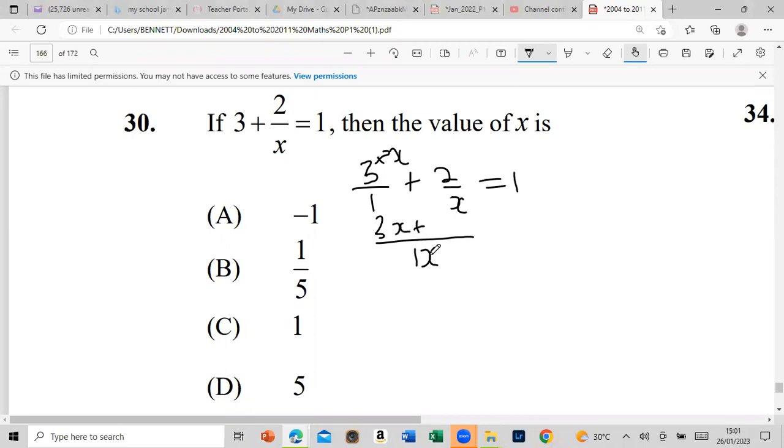And x into 1x leaves 1, so we have 2, and we have 1. So we have this equation now, 3x plus 2 equal to 1.